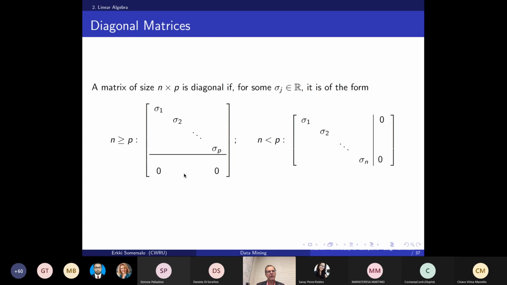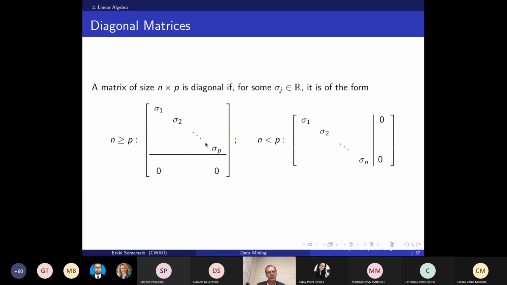Now, if you have a square matrix, it's clear what we mean by the diagonal. If you have a non-square, rectangular matrix, so there are more rows than columns as in the first case, then a diagonal matrix has non-zeros on the diagonal as long as the diagonal can go, and then you fill the rest of the matrix with zeros.